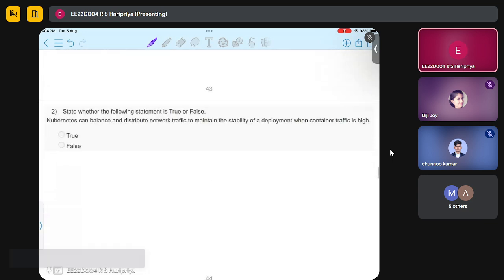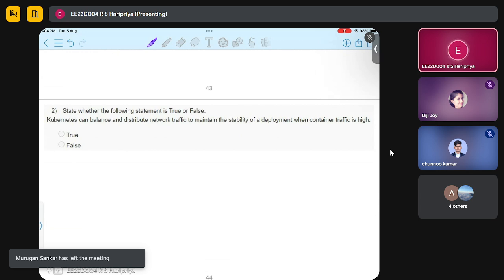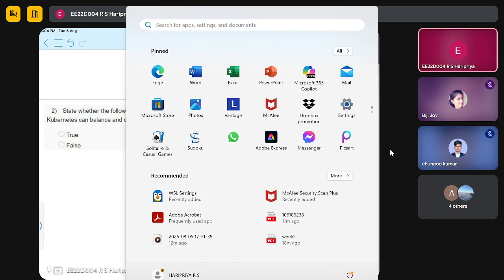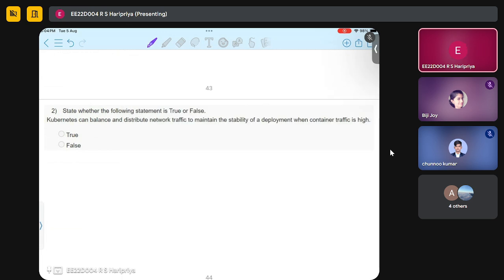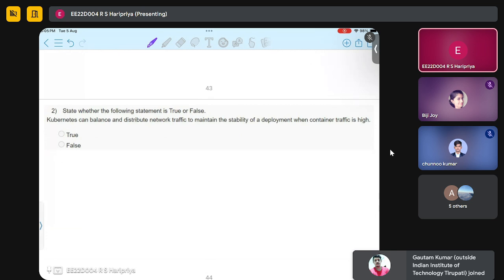Next question. State whether the following statement is true or false. Kubernetes can balance and distribute network traffic to maintain the stability of a deployment when container traffic is high. So the correct answer is true.